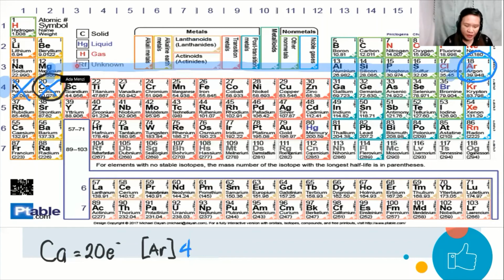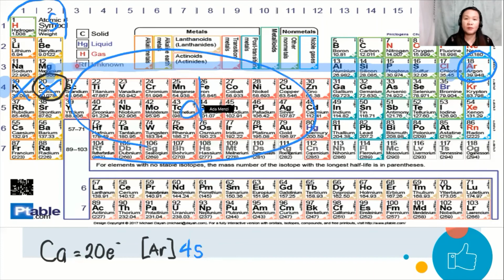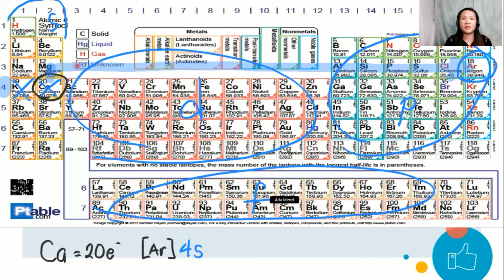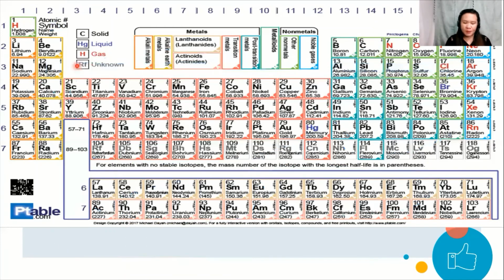Then we write for S. Remember that I said earlier that this part is the S block, this part will be the D block, this part will be the P block, and this part will be the F block. Please do not forget that. Going back to calcium, we have 4s, and it has 2 electrons. So now we get the shorthand configuration of calcium, which is argon 4s2.